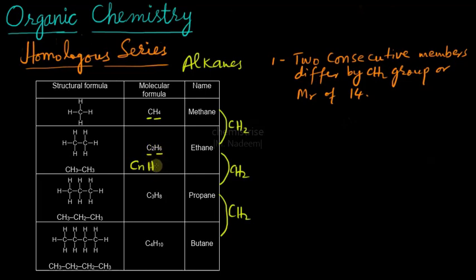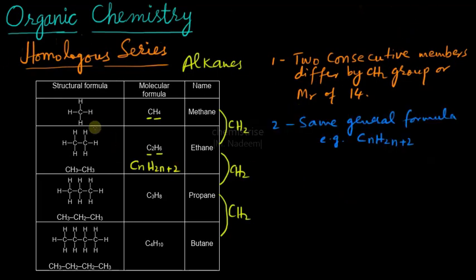That means we can represent it as CnH2n+2. Like in this case we got C3, so twice of 3 is 6 and 6 plus 2 is 8. Here we got C4H10: 4 twos are 8, plus 2 is 10. This formula that we have presented like this is known as the general formula. So all members in a homologous series have the same general formula.